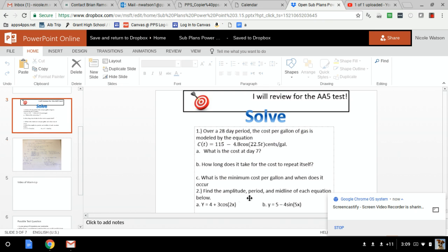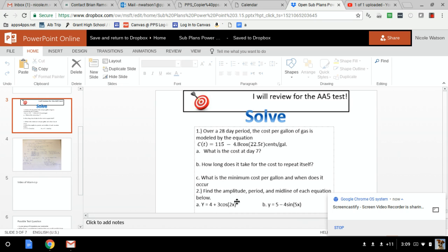Number 2 asked you to look and find the amplitude, period, and midline. For letter A, it's cosine. The amplitude was 3. The midline was 4. And I also had written that I would like you to use degrees for part A, and for B, I'd like you to do radians.